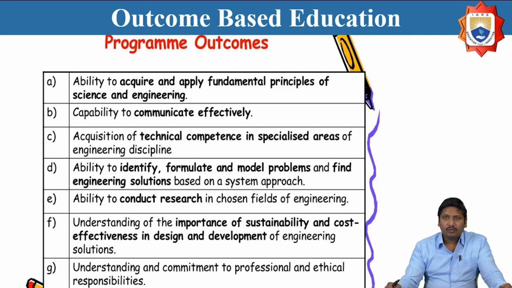Some of these program outcomes look like this: ability to acquire and apply the fundamental principles of science and engineering, capability to communicate effectively, acquisition of technical competence in a specialized area of the engineering discipline, ability to identify, formulate, and model problems and find engineering solutions based on a system approach, ability to conduct research in chosen fields of engineering, understanding the importance of sustainability and cost effectiveness in design and development of engineering solutions, and understanding and commitment to professional ethical responsibilities.